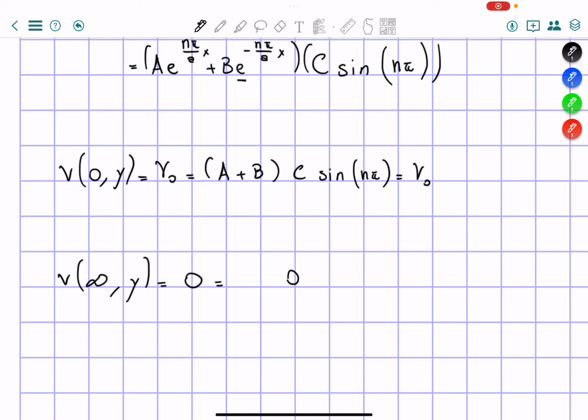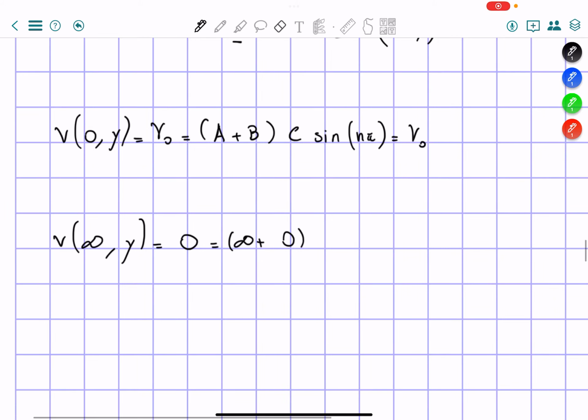Then a times e to the power of n pi over a times infinity, which is simply infinity, plus this value times c and sine of n pi.